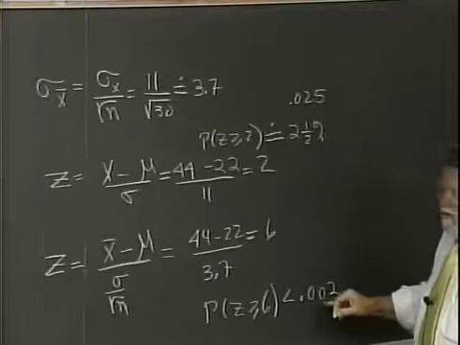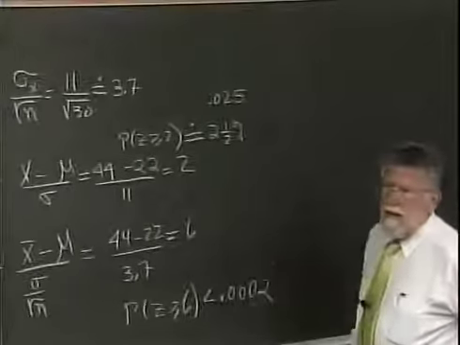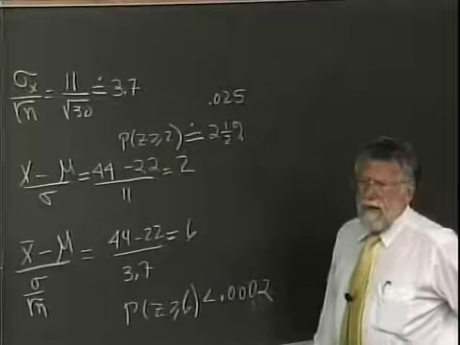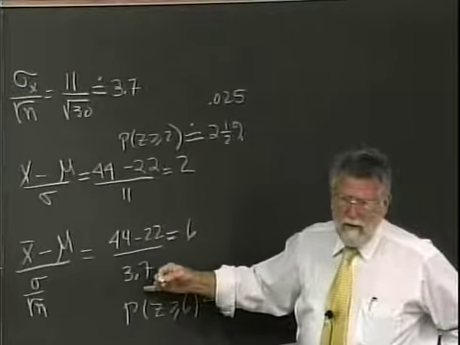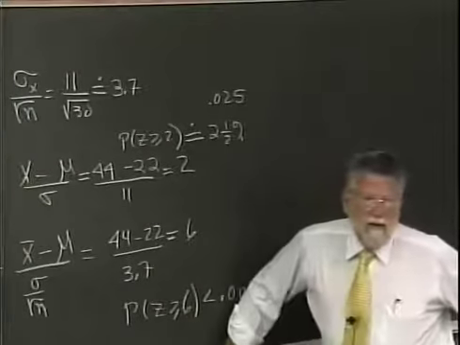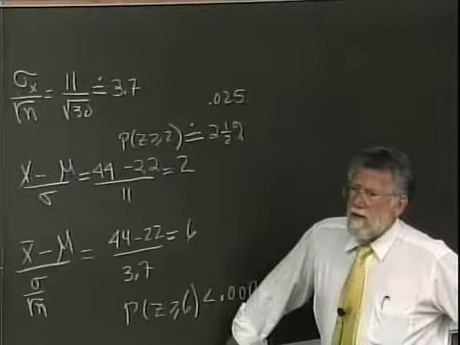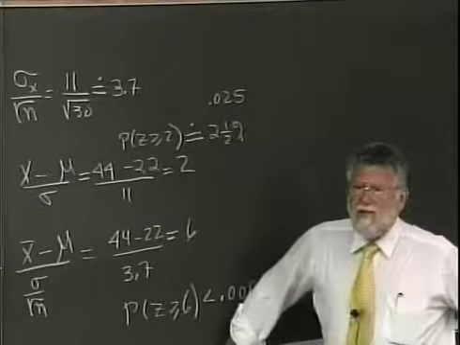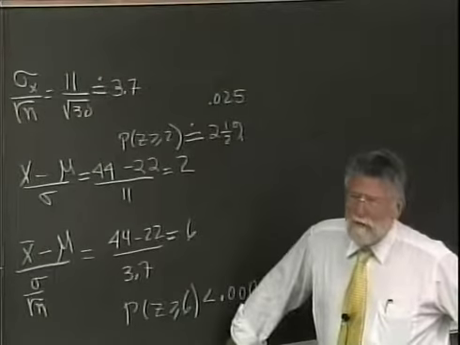This is much smaller. Sorry about that. Much smaller, right? And the only thing that has changed is the standard deviation. Okay? So small changes in x values could mean huge changes in z if the standard deviation is what? Very small.